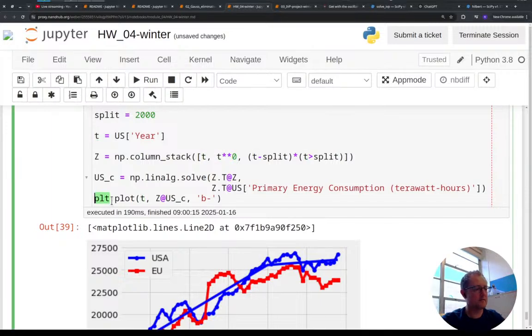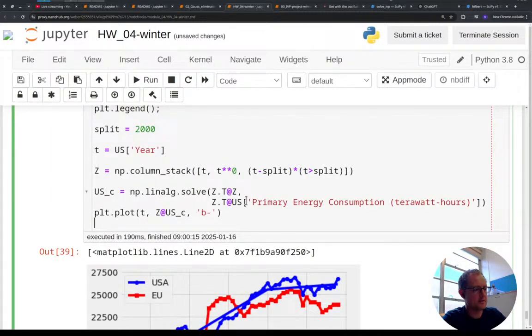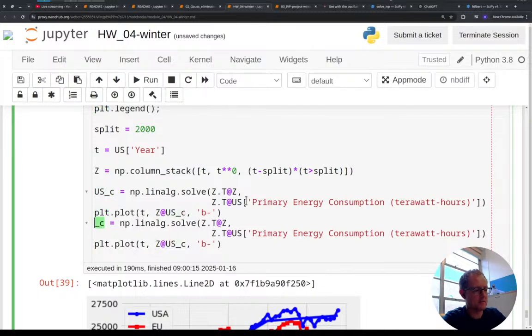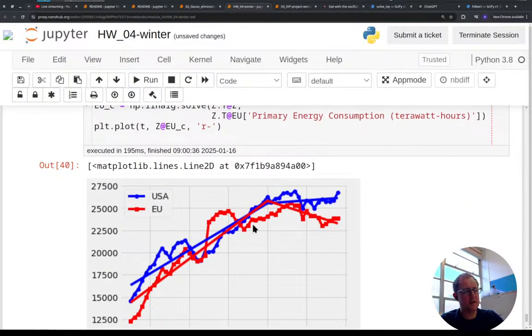And here, for good measure, let's copy and paste it for EU, and then right here, EU. And this one's going to be red. So now, if I do the same split for Europe, it seems a little weird that it would be dropping this much.